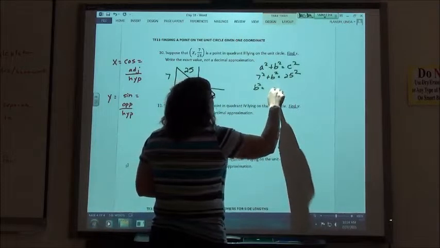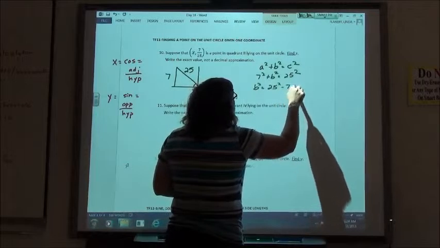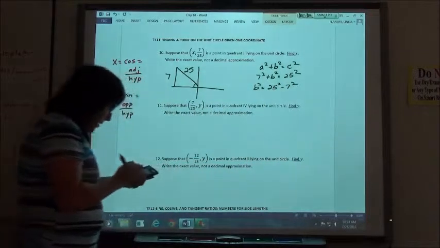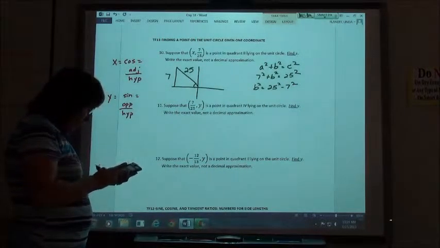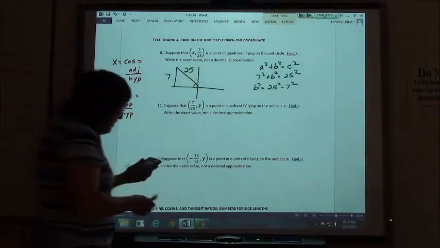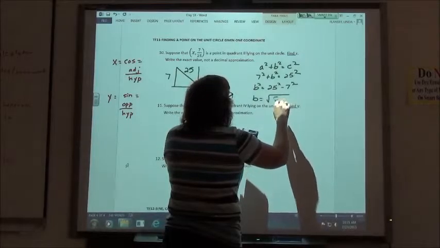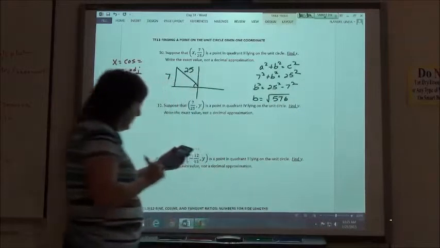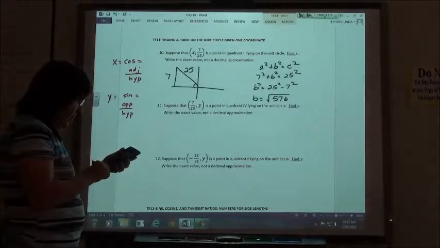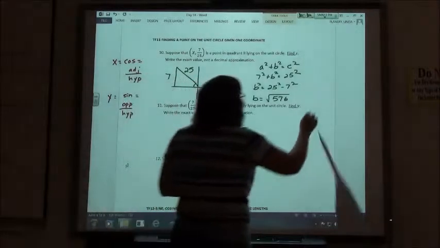B squared is then going to equal 25 squared minus 7 squared. So 25 squared minus 7 squared gives me 576. So B is going to equal the square root of 576. And so B equals 24.